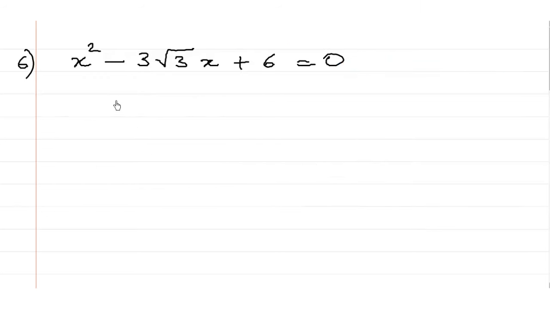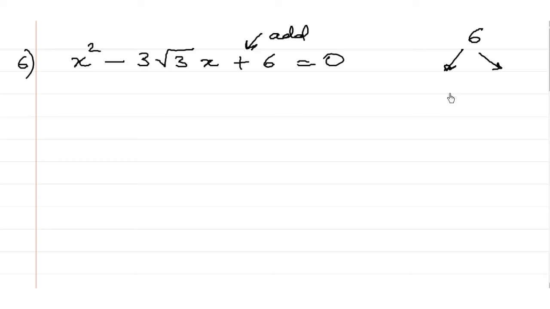Now let's have a look at this last sum. x square minus 3 square root of 3x plus 6 is equal to 0. It's almost like the previous sum. The exception is there is a square root of 3 over here. So find two numbers such that when you multiply you get 6, which is the last number, c, and you should be getting 3 square root of 3 when you add them.